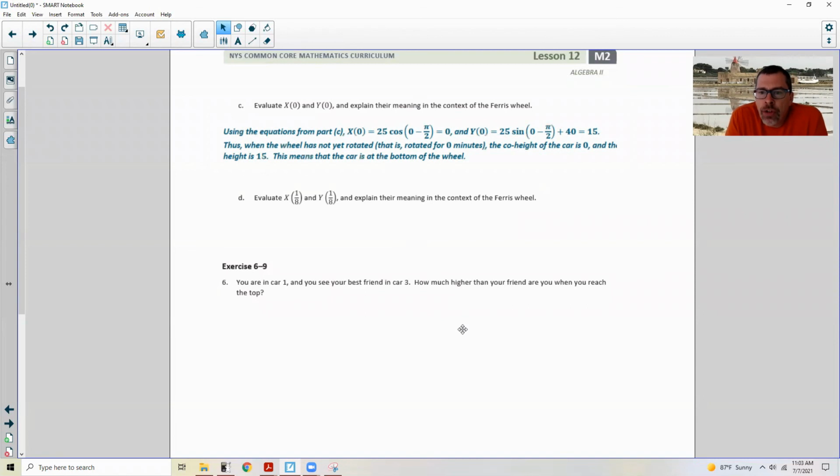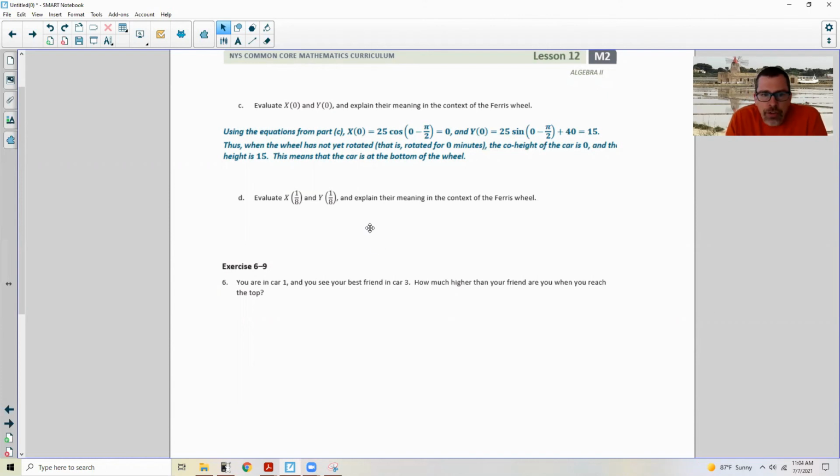And y of 0 is 25 sine of 0 minus pi over 2 plus 40. Well, sine of negative pi over 2 is -1. So 25 times -1 is -25 plus 40 equals 15. Thus, when the wheel has not yet rotated, that is, rotated for 0 minutes, the co-height of the car is 0 and the height is 15. This means that the car is at the bottom of the wheel.